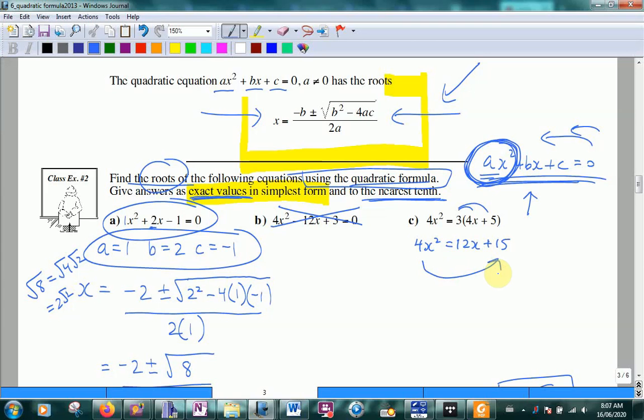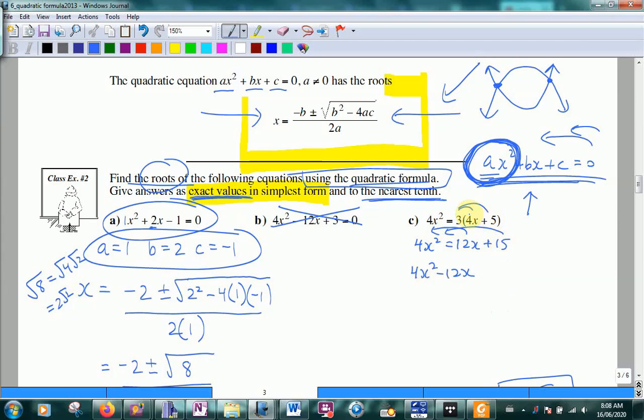It's not wrong, but then you're asking, does the parabola look like this, or does the parabola look like that? It doesn't matter in either case because you're going to get the same roots, but personally I like to keep A positive, so I'm going to keep that there, and I'm going to take these and throw them over to the left side. So in other words, minus 12x to both sides.